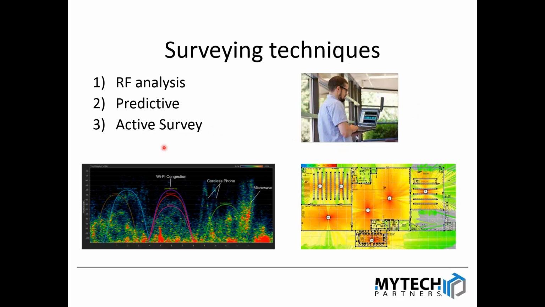So those are some examples of surveying techniques that we use in the field to ensure that the solution and the hardware we're deploying both meet the business needs and that the actual solution is affecting the outcome that we had planned.